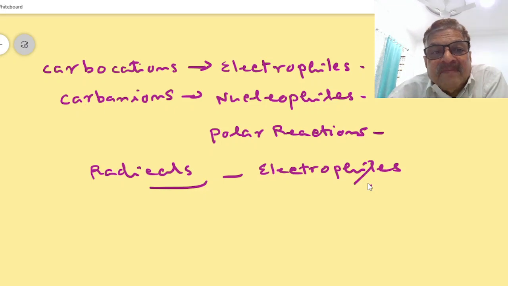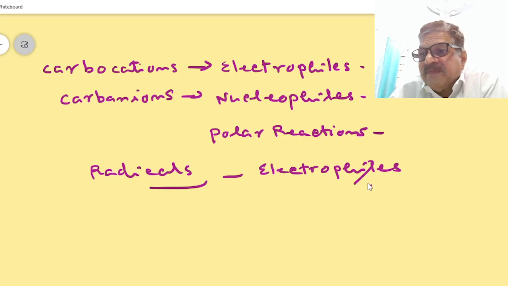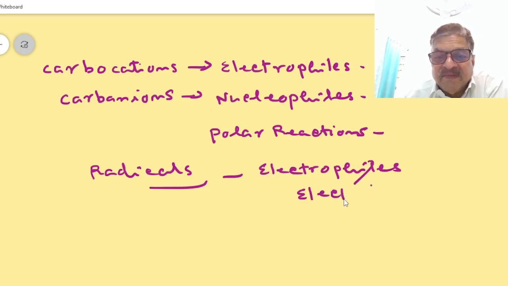In the case of carbocations, the carbon is surrounded by only 6 electrons. In the case of a radical, there is only a single electron. Therefore, they want more electrons. That is why they are electrophiles.